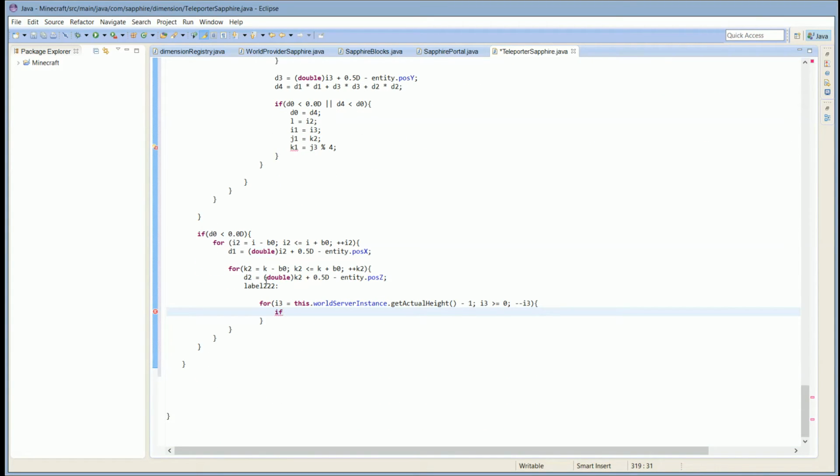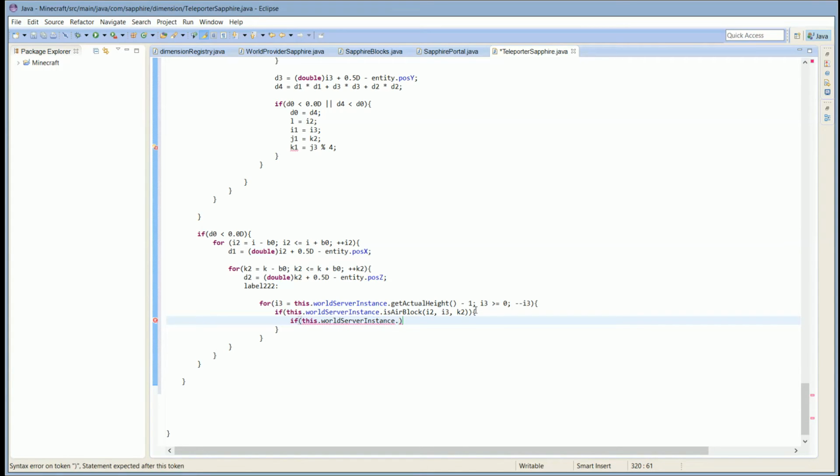If this dot world server instance dot is error block at I2, I3, and K2, and if this dot world server instance dot... oh nope, sorry, just did that, my bad.